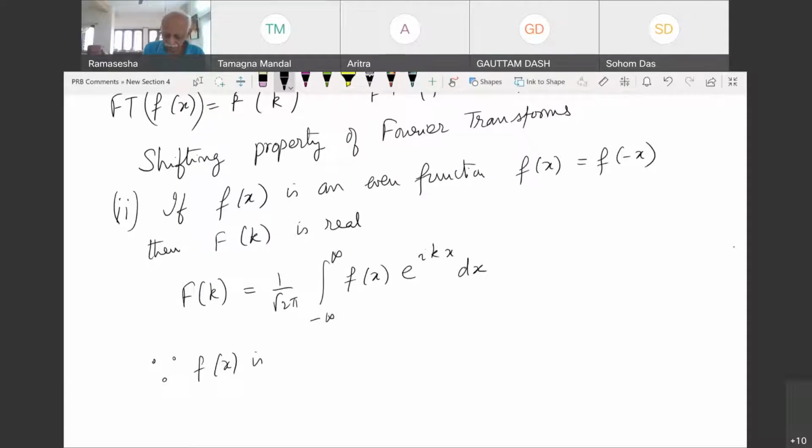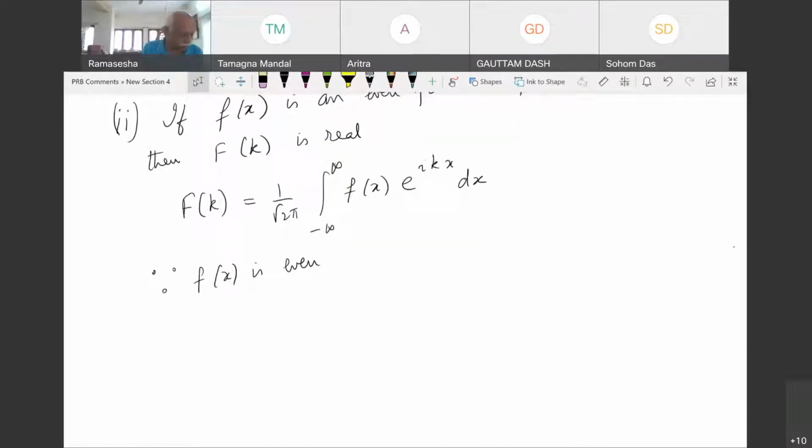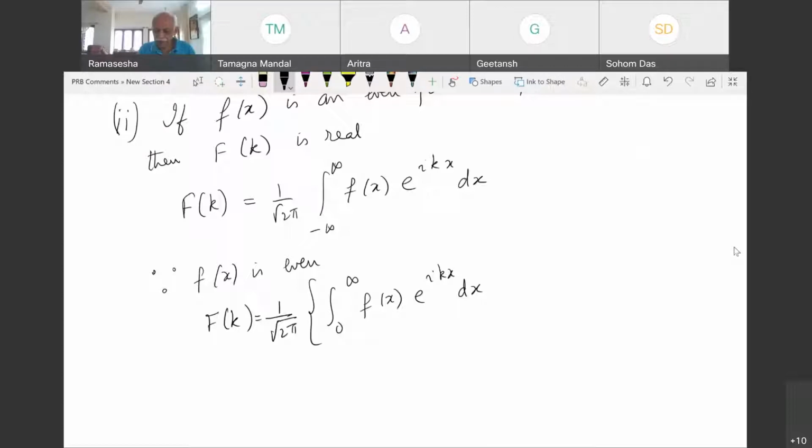I can write it like 1 upon root 2 pi, integral 0 to infinity f of x e to the ikx dx plus integral minus infinity to 0 f of x e to the ikx dx.